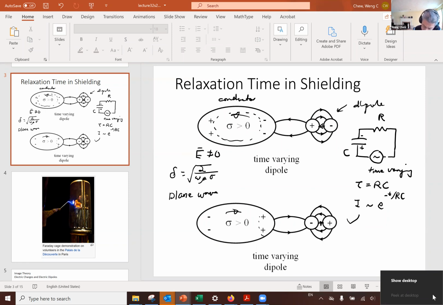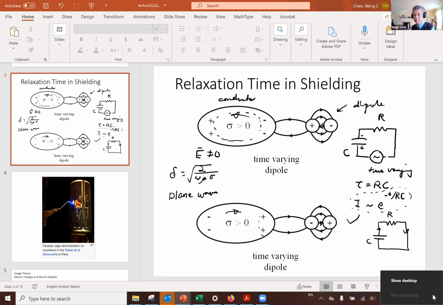If you were to switch the current off or the voltage source off, and if you have this, okay, you take the voltage source away and then let some current flow in this circuit and ask yourself, how long does it take before the charges go away?